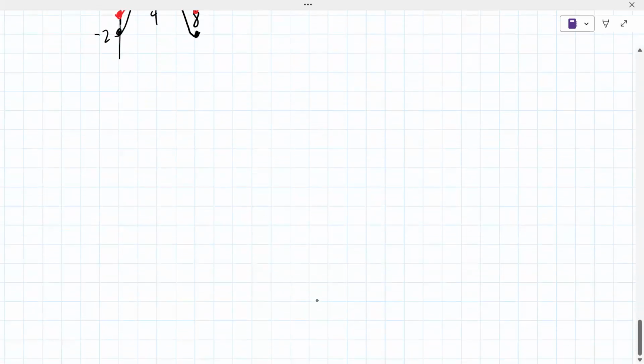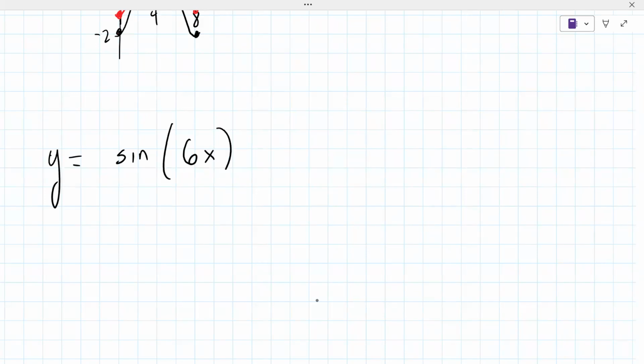All right, let's kind of go back to basic. Let's say it's like sine 6x plus 1. Okay. What would the period be? Pi over 3. Pi over 3, yeah.